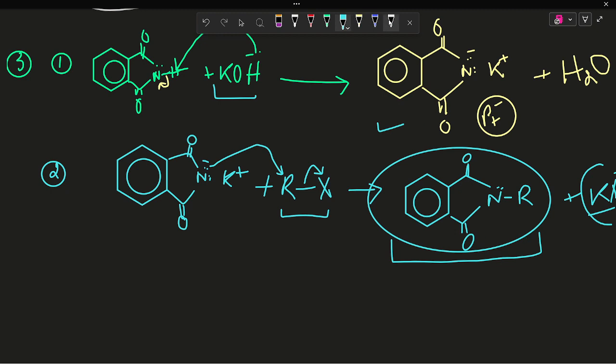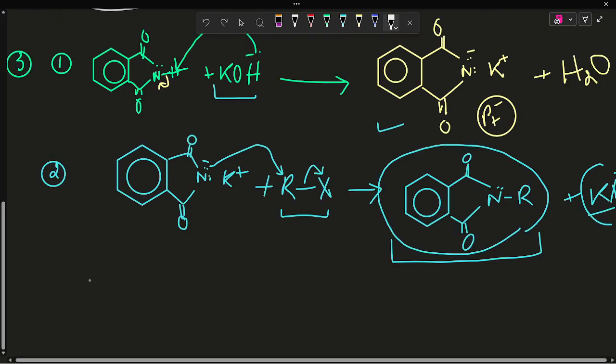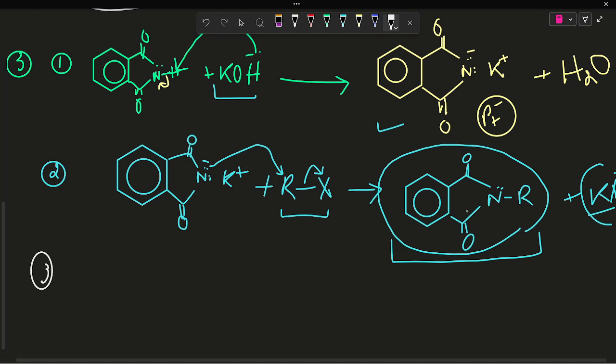Now what we have to do in the third step is a very complex step, because in this step we will be forming the amine, our product, which we think of producing by this method. So what we need to do now is break these two bonds and supply hydrogen.